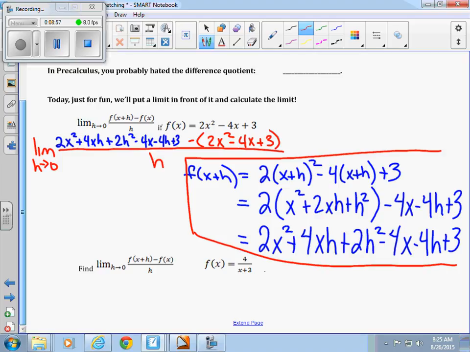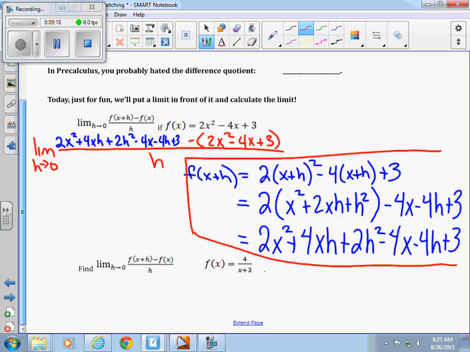Can I do some simplification now that the red piece is there? A lot of simplification. If you did enough of these last year, you notice they really simplify nicely. I wonder why. Maybe we'll figure that out. The 2x squared and the 2x squared cancel. The negative 4x and the negative 4x cancel.